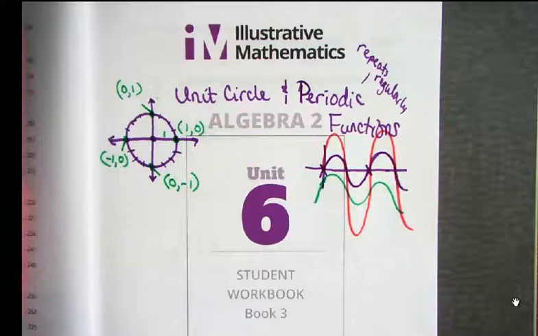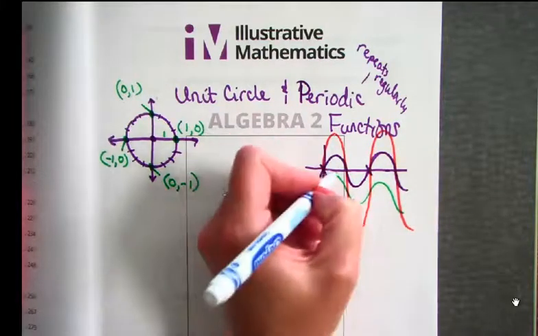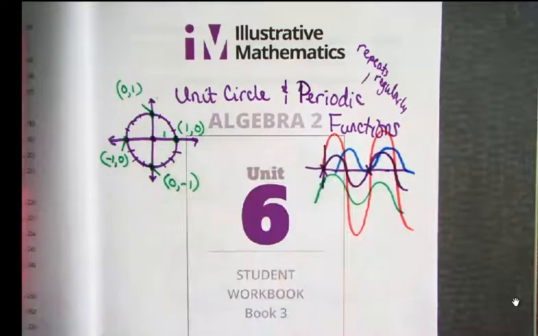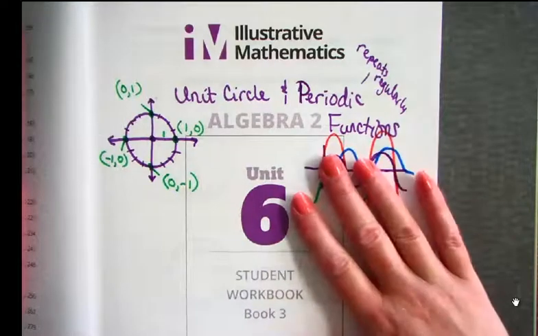Or maybe we'll get even a little bit wild and we'll move things to a new location by moving it up and over. So we'll be looking at some of those. So there's our title page, great things to think about as we tackle Unit 6.